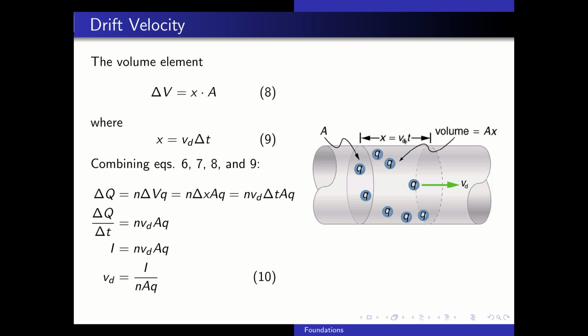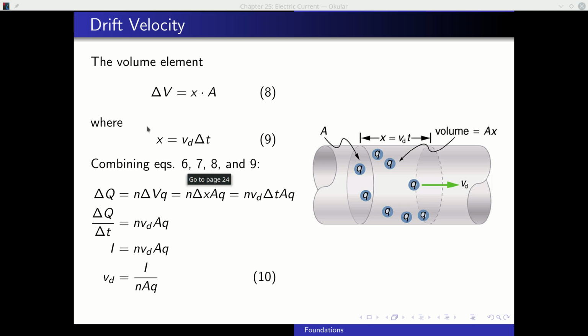We're going to think about this volume of charges that are moving over to the right. So it's got a length. They're all going to move a distance x that's equal to their speed times the time it takes for them to move that distance. And that's going to describe our little volume element here.